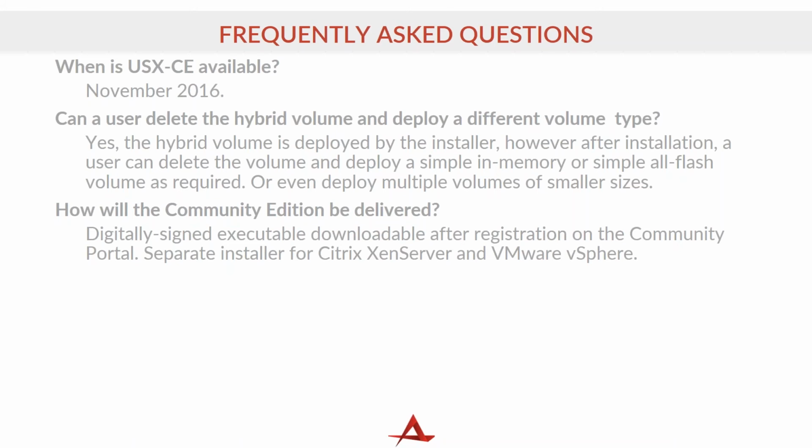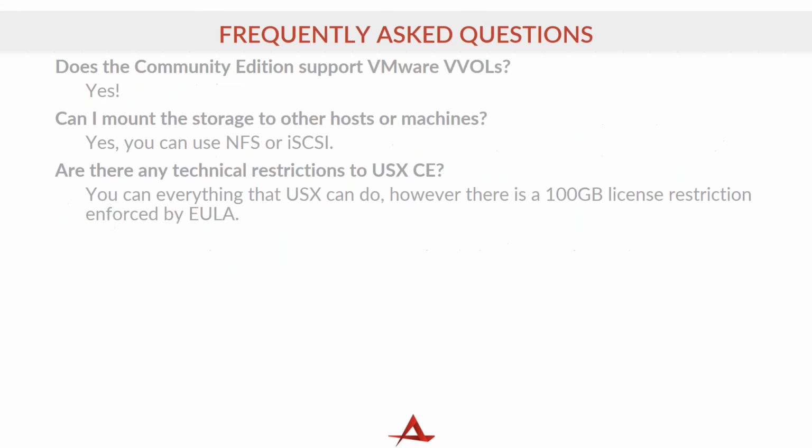Okay. How will it be delivered? So it's a digitally signed executable, downloadable from the community portal. There are separate installers for Zen Server and vSphere. Also, does it support vVols? Yes, it does. So, the actual USX distributable within the Community Edition download is a full USX.